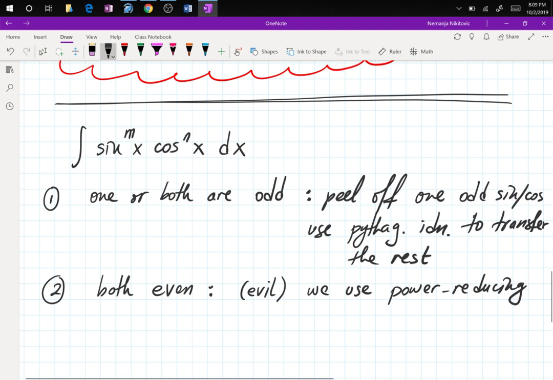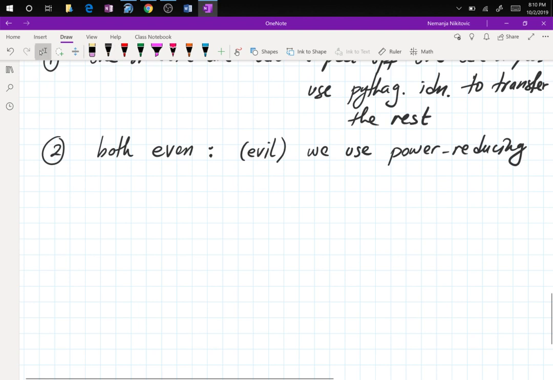But it's good for you to see what's happening. And we are done with the sine-cosine pair. There is nothing else, guys, that you can do with the sine-cosine pair. You either have at least one odd, which is the first method, or you have both of them even, which is the second method.